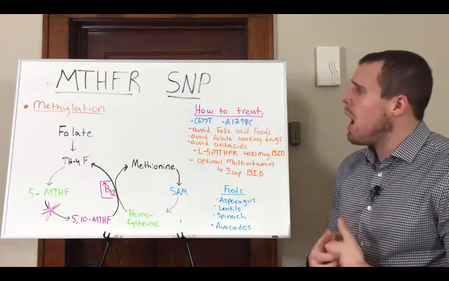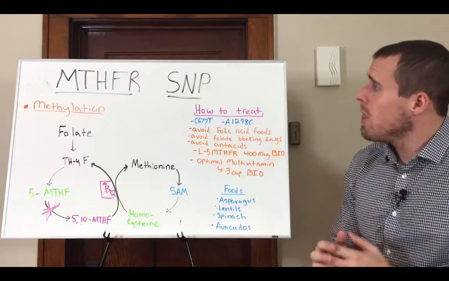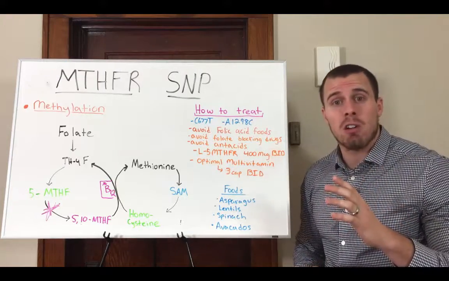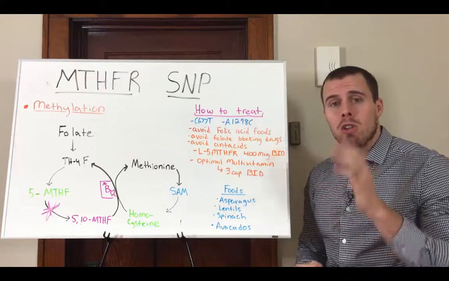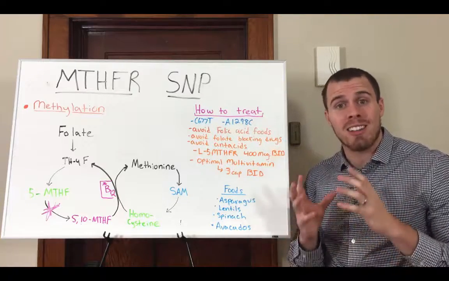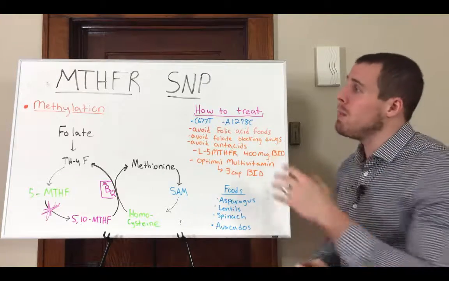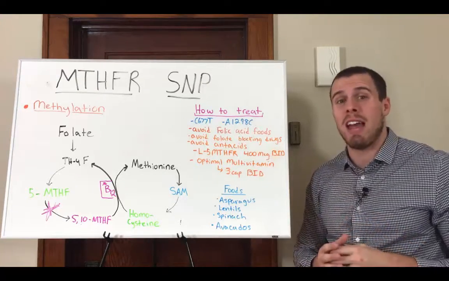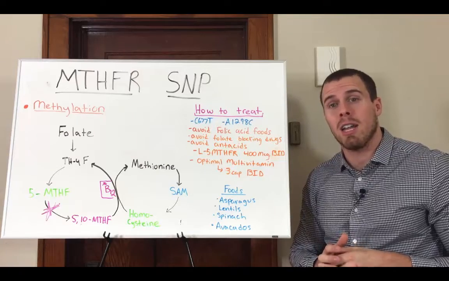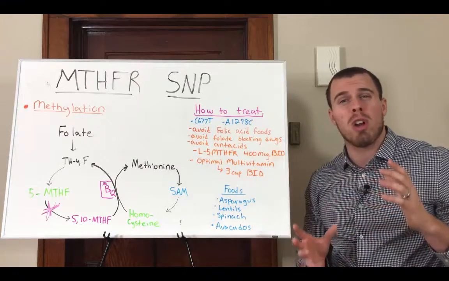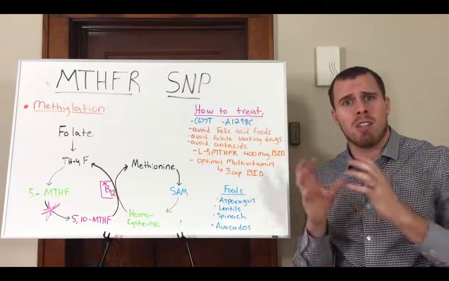So again, we're making sure that we're figuring out if we're methylating correctly. Methylation is super important for our DNA and RNA synthesis, so we're expressing the correct blueprint. We want to be aware if we do have that SNP and we're not methylating correctly, and that we're putting the wrong parts on the wrong area of the car.